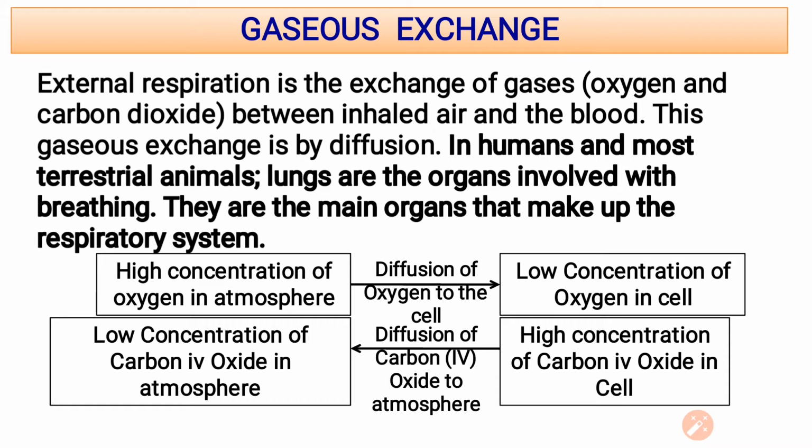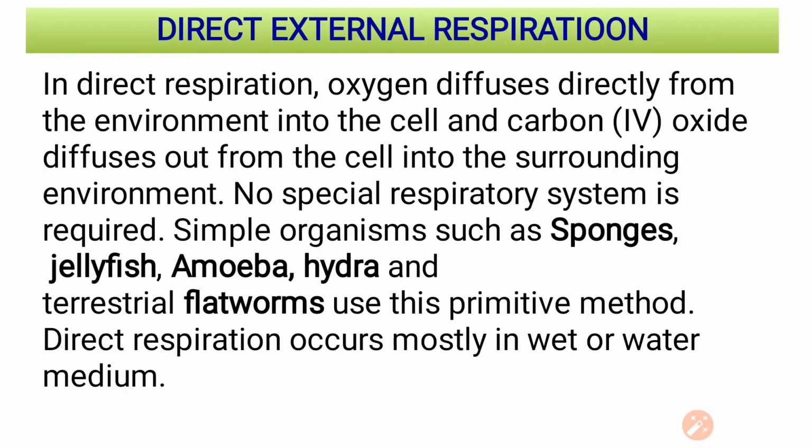On the other hand, when we have a high concentration of carbon dioxide in the cell and a low concentration of carbon dioxide in the atmosphere, carbon dioxide will diffuse from the cell to the atmosphere. This is how the gas exchange occurs, and this is the reason behind it. It is called the diffusion gradient, or concentration gradient.